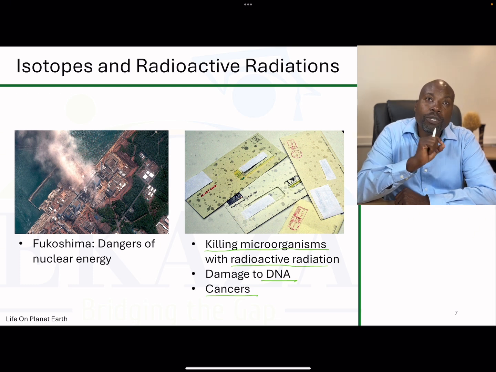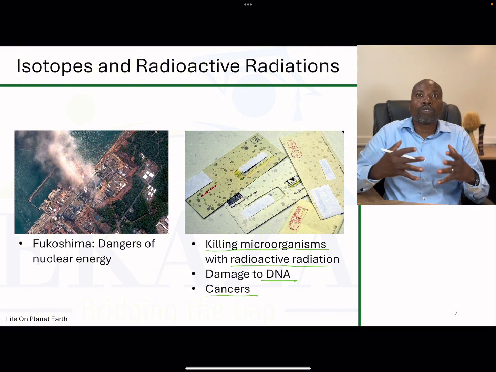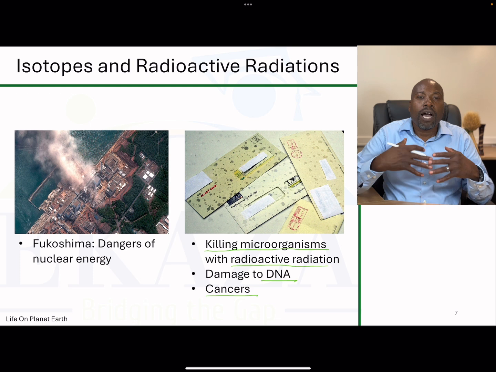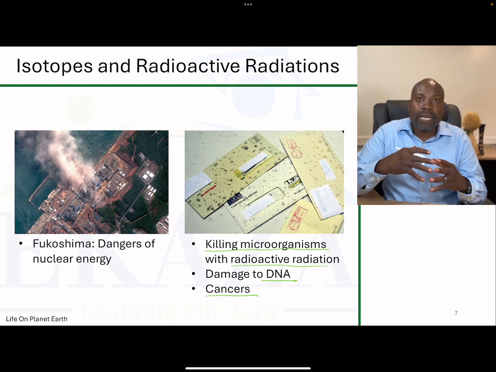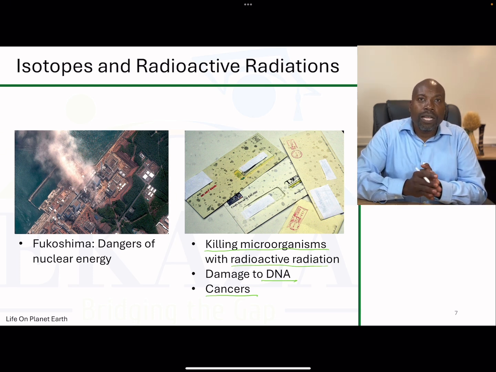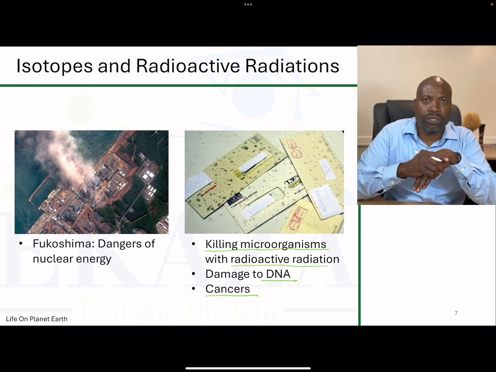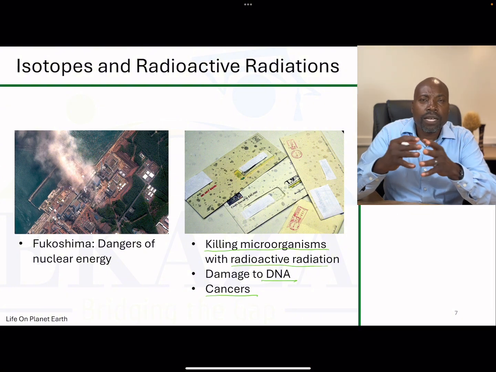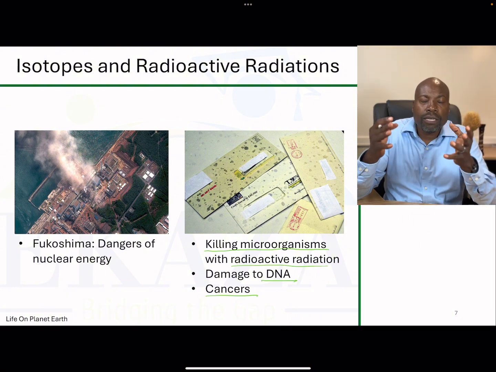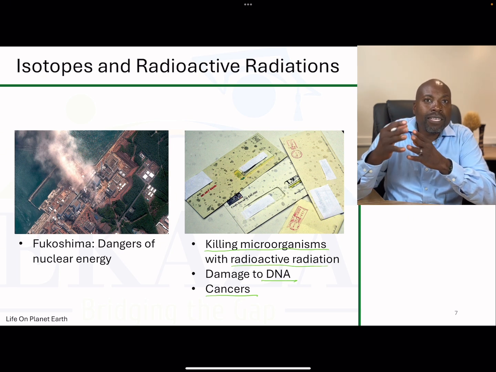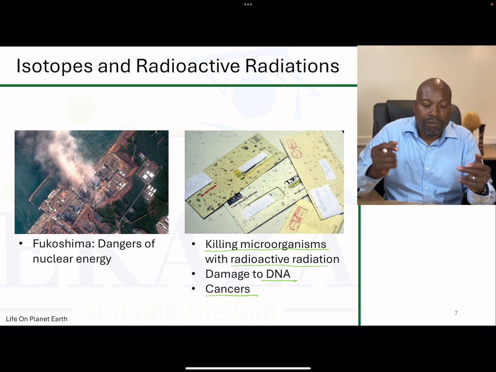But radioactive elements can also be bad news in the midst of trying to make them useful to us. Nuclear energy is a source of energy that we use extensively in the United States and many other developed nations to produce electricity and obtain energy that is going to allow us to achieve a lot of different things that improve our lives, right?